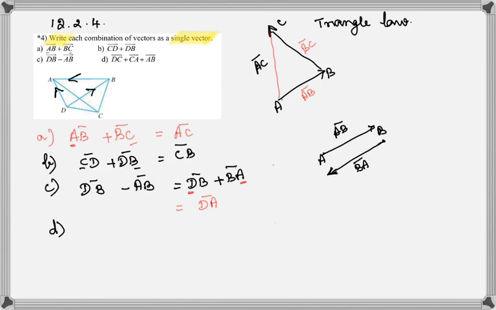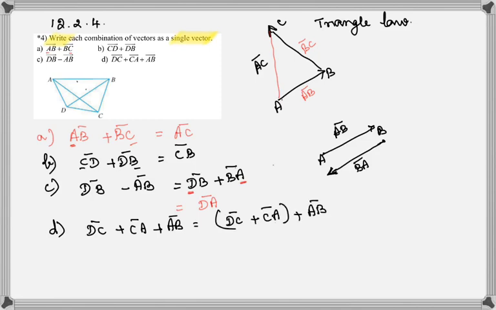Part D, DC plus CA plus AB. So we can actually combine them into two parts. It is DC plus CA, and then we can combine it with AB.